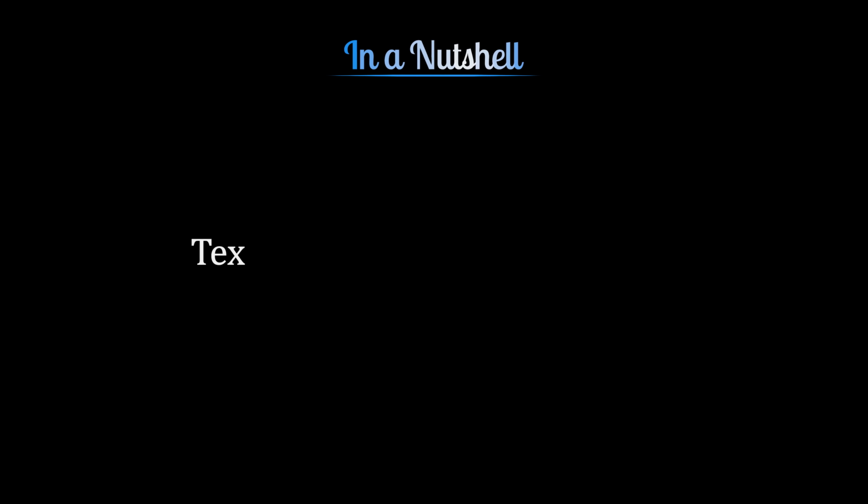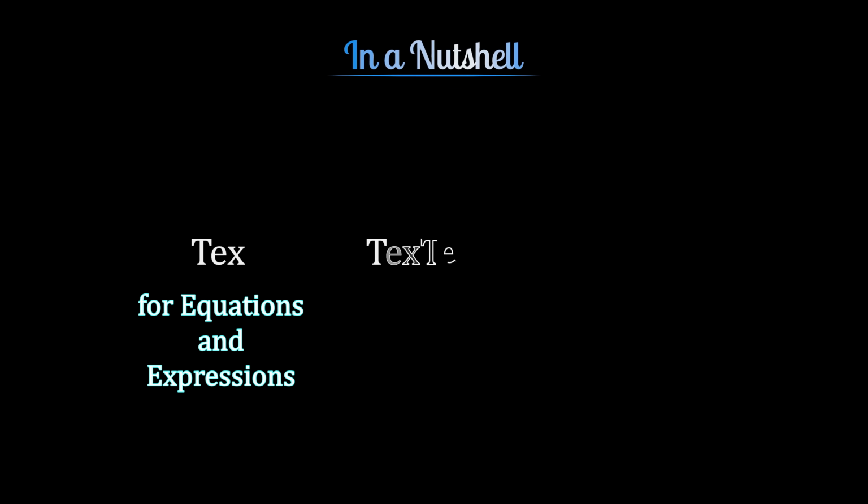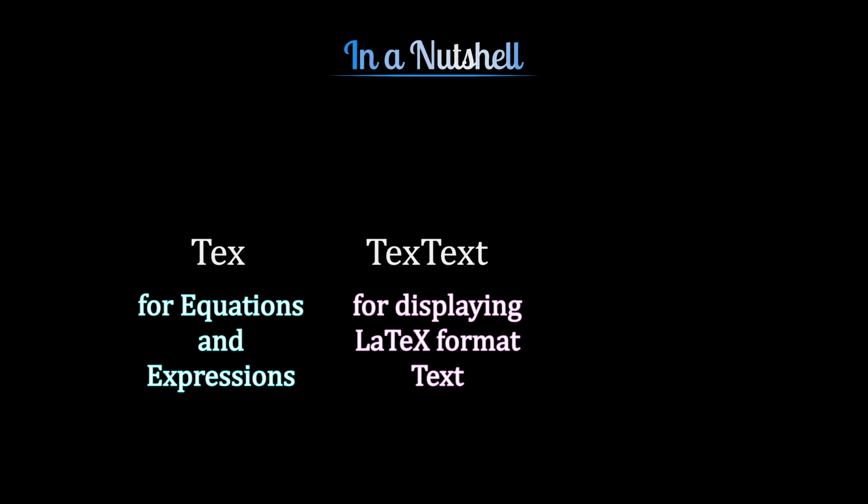We have Tex, which is for the mathematical expressions or equations, and then we have a subclass of Tex, which is TexText. That is for displaying normal text in LaTeX format. And the last, we have the Text class, which is for easily using any font to render the text or the strings on the canvas.